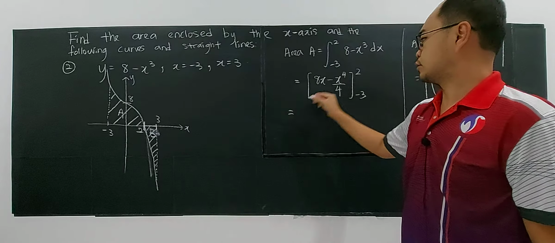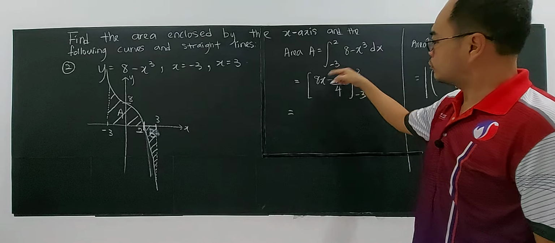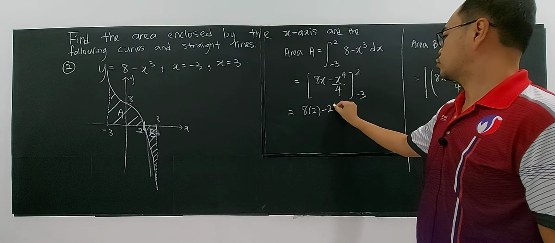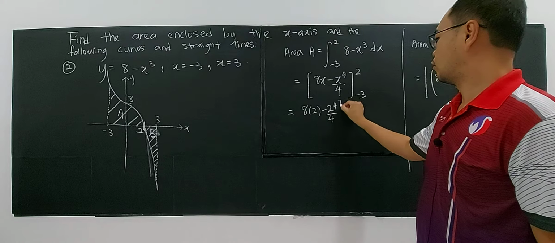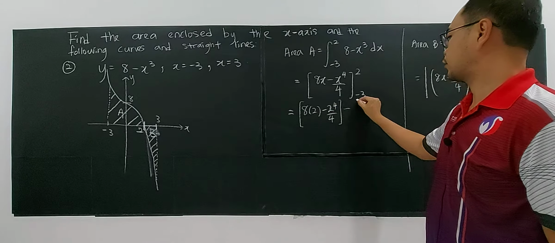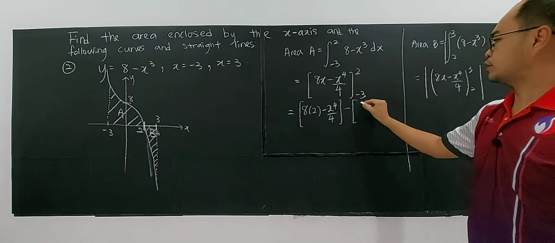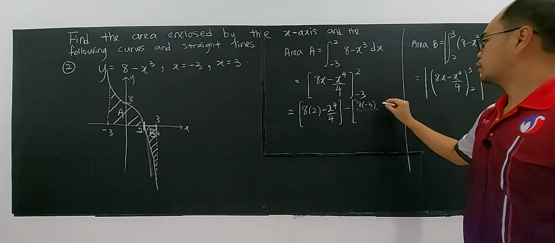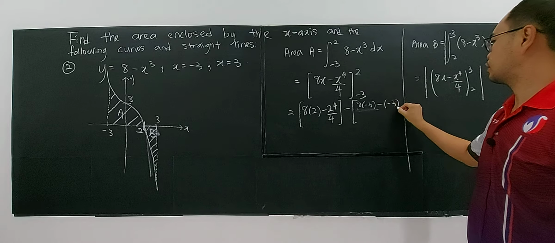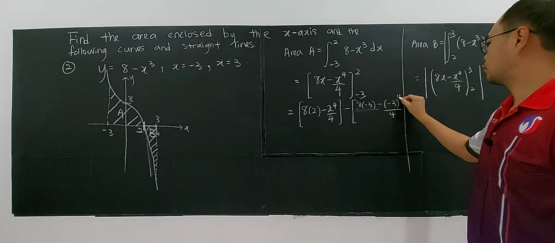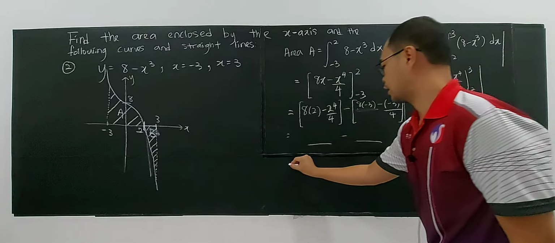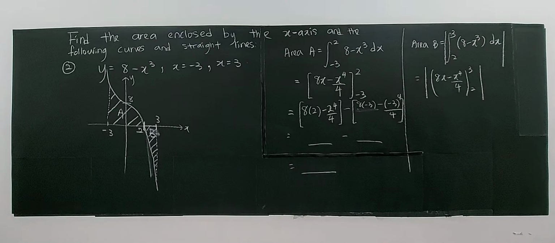As you know the rule of the definite integral, you substitute 8 times 2 minus 2 to the power 4 over 4, take away negative 3, 8 times negative 3 minus negative 3 to the power 4 over 4. So giving you values and you're getting your answer for this case.